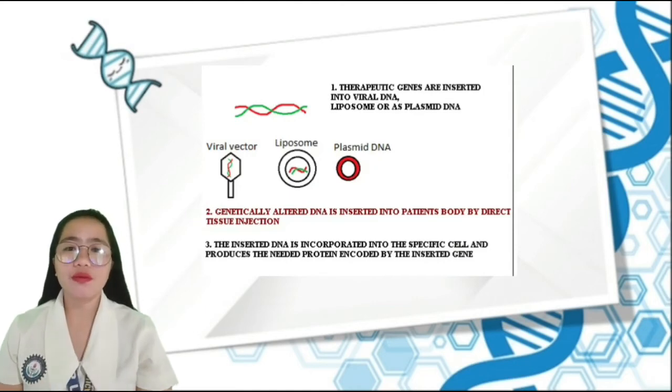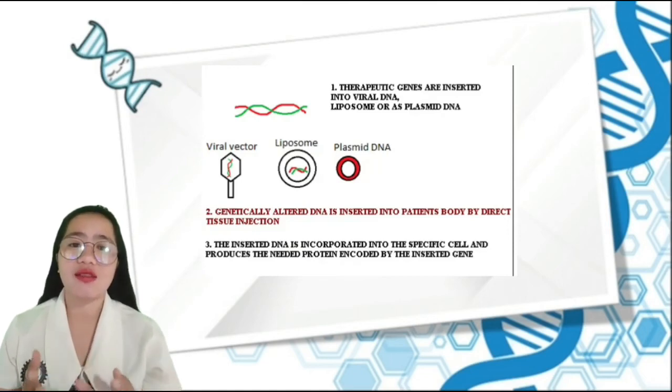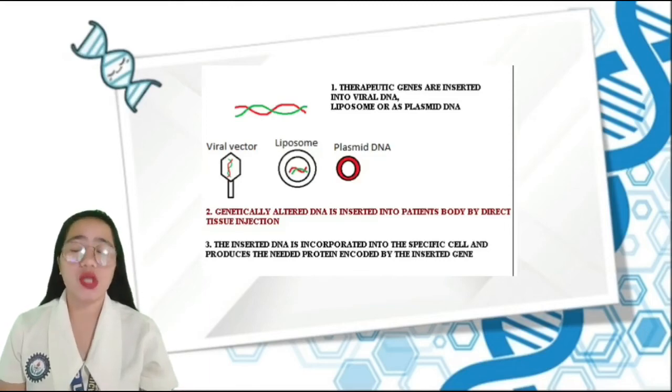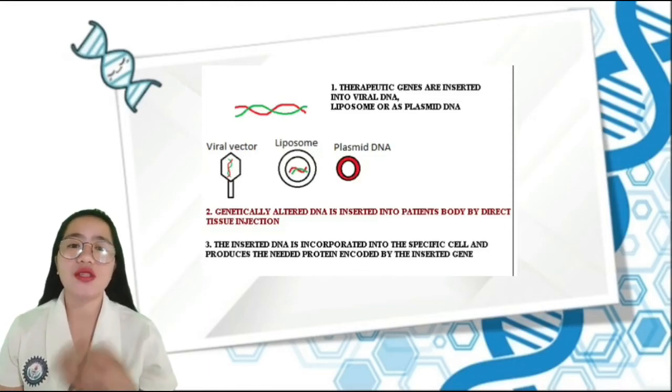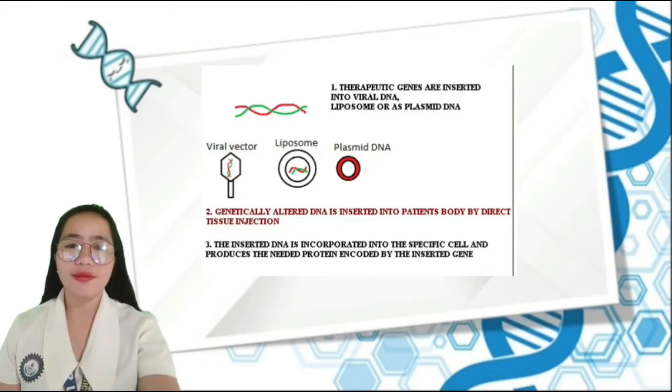Number two, genetically altered DNA is inserted into the patient's body by direct tissue injection, so it needs to be inserted in other patients directly. Number three, the inserted DNA is incorporated into the specific cell and produces the needed protein encoded by the inserted gene.